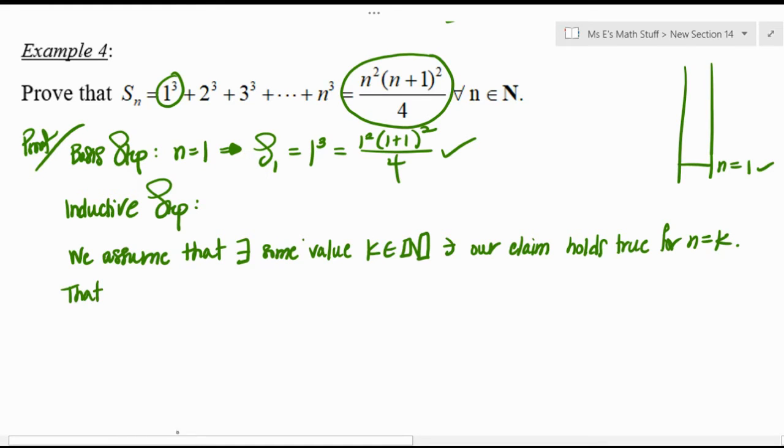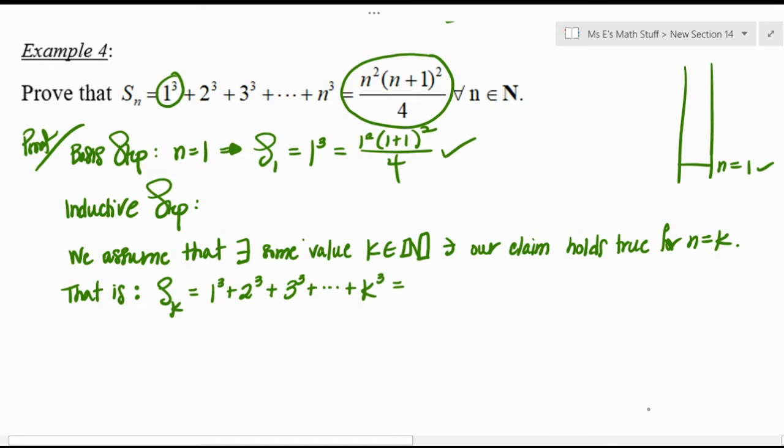Now let's make sure we're very clear as to what our claim is. Our claim is that the sum of the first k terms for some arbitrary constant k, term by term, would be defined as 1 cubed plus 2 cubed plus 3 cubed, all the way up to k cubed.